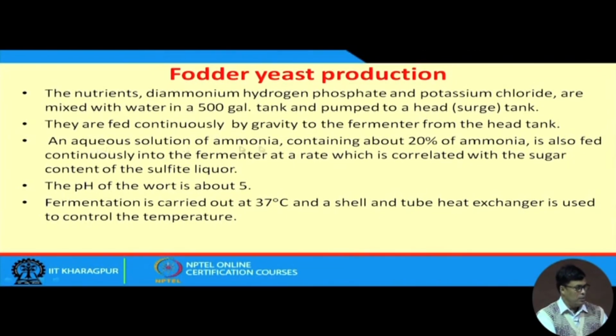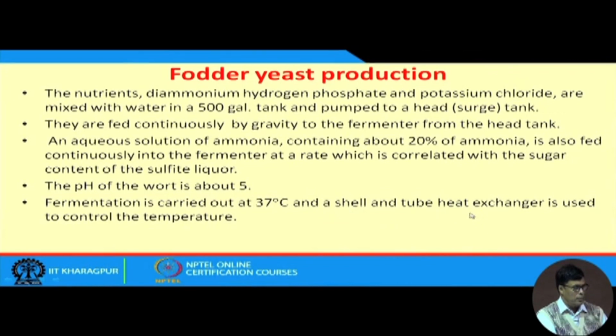An aqueous solution of ammonia containing about 20% ammonia is also fed continuously into the fermenter at a rate correlated with the sugar content of the sulfite liquor. The pH of the liquor is about 5, and fermentation is carried out at 37 degrees centigrade.